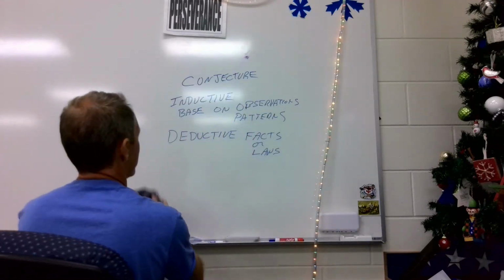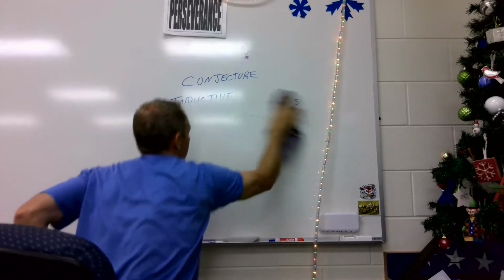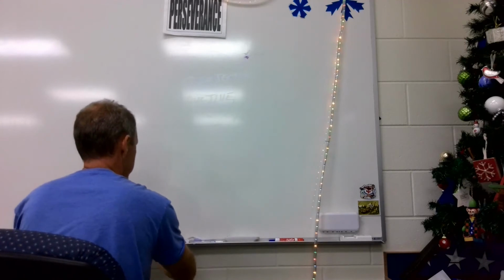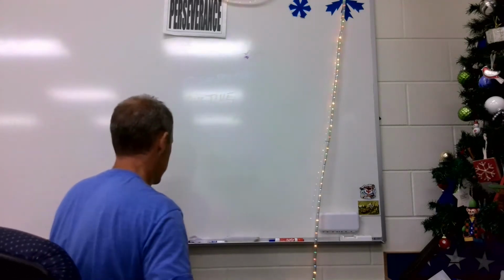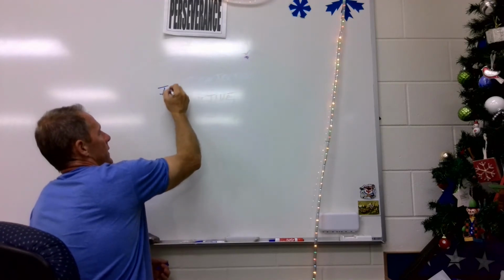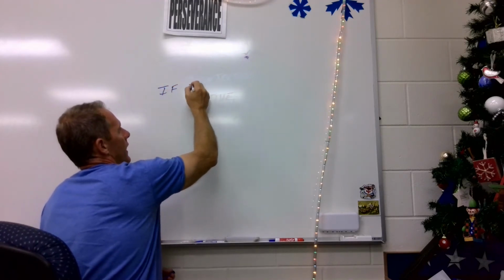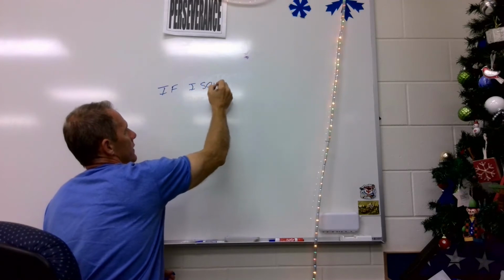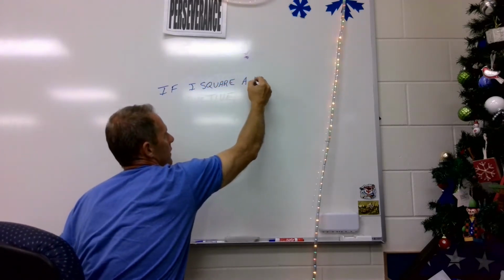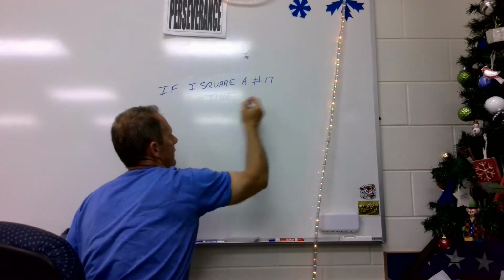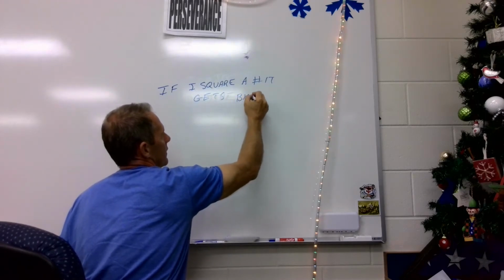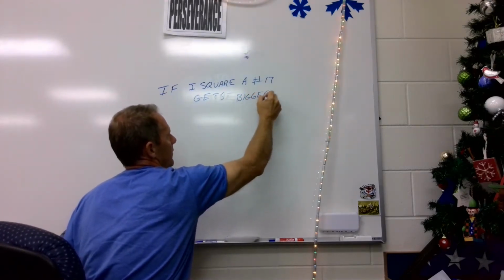So lots of times when we're making conjectures, we believe that something might be true. So here's my conjecture: if I square a number, it gets bigger than what it was.